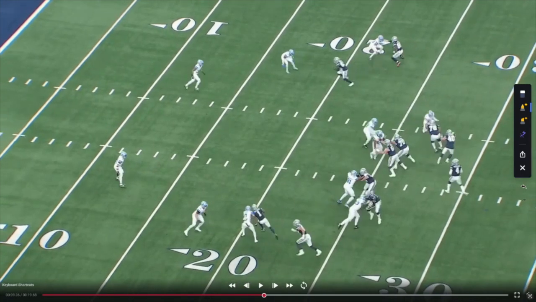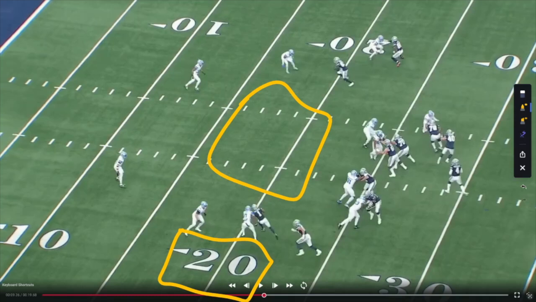Why is the technique bad? Because we're leaving so much out there to be determined that we don't tell the quarterback what he's going to do definitively. We don't give him a chance to truly understand what's going on and react accordingly. There is no way for Dak to read both inside and outside on this play.